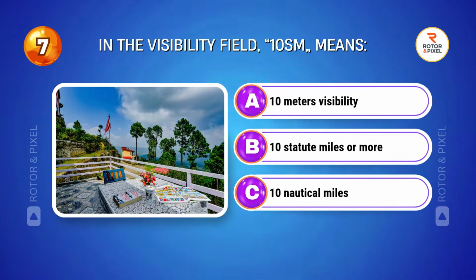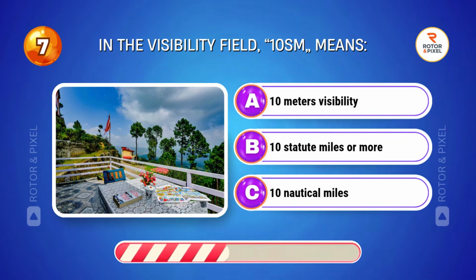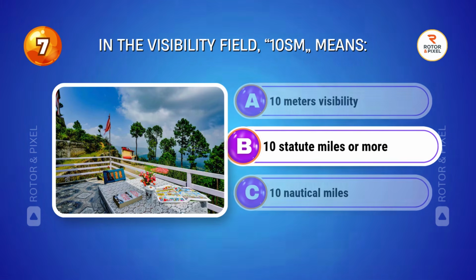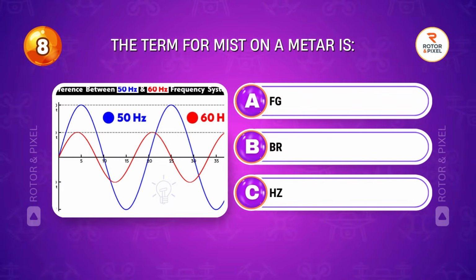In the visibility field, 10 SM means? Answer B, 10 statute miles or more. The term for mist on a METAR is?